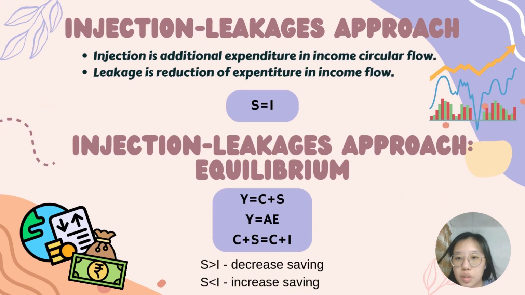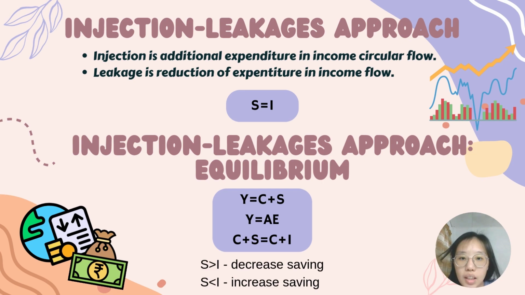Injection leakage approach. Injection is additional expenditure in the income circular flow. Leakage is a reduction of expenditure in the income flow. In a two-sector economy, injection refers to investment I, and leakage is saving. Injection leakage approach, equilibrium.